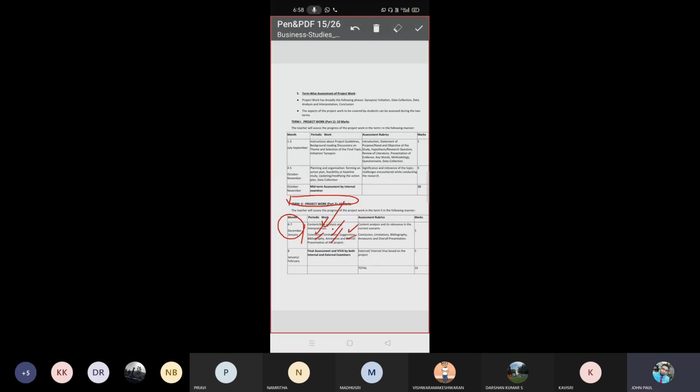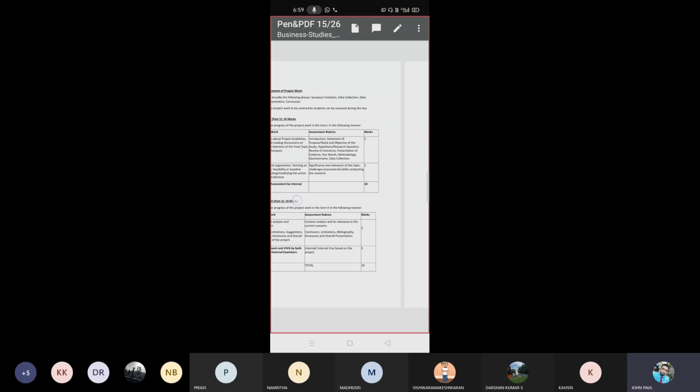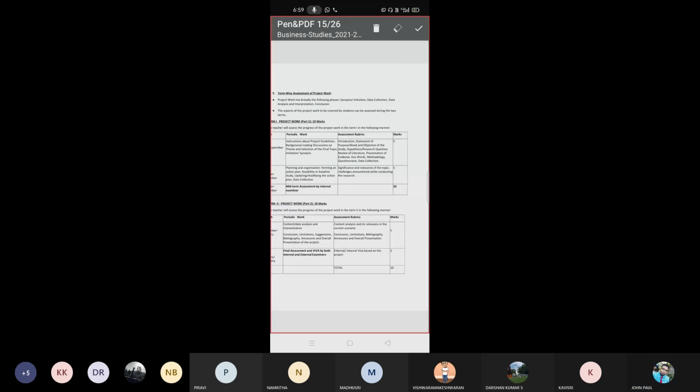Then final assessment and viva, both internal and external. Here also we will have an external from another school and an internal from our school. They will have 5 marks for viva, and 5 marks for your presentation and analysis interpretation part.